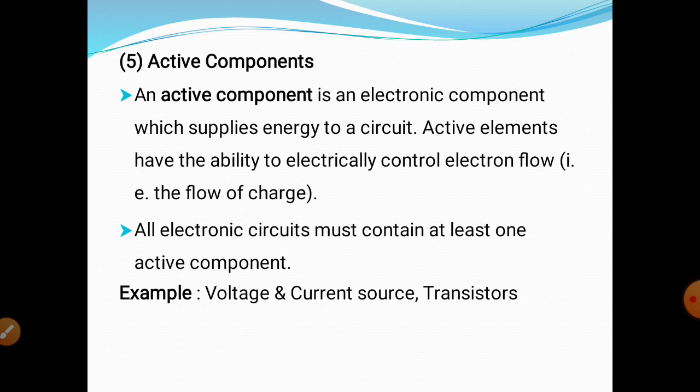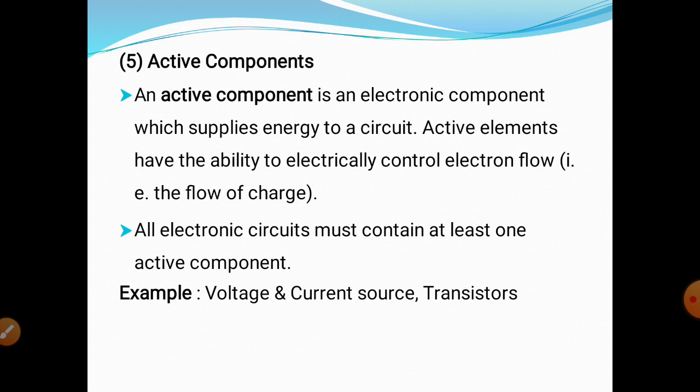An active element is an electronic component which supplies energy to a circuit, to give a supply, and active elements have the ability to electrically control the electron flow. That means the flow of charge.